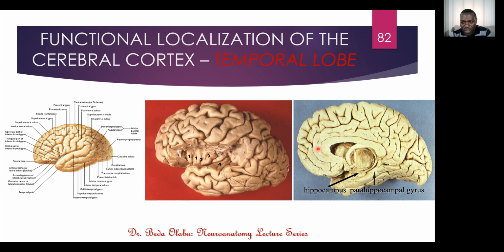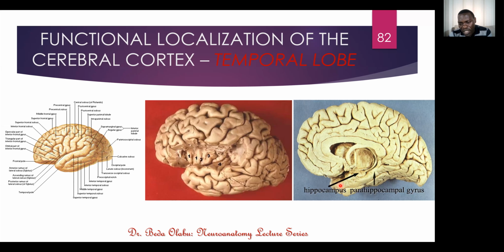This is called cingulate gyrus, not in the temporal lobe definitely, but it usually continues. That continuation is not well here. Assume there's a continuation here into the parahippocampal gyrus.